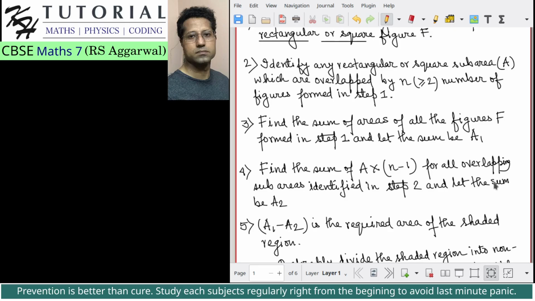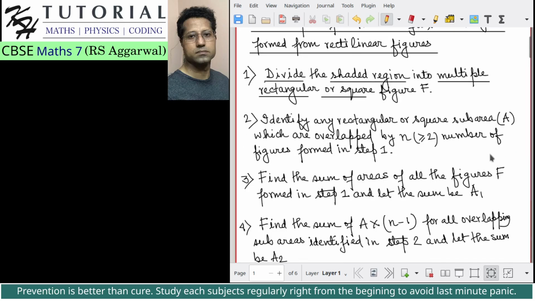So basically, what is A1? A1 is the sum of all the rectangular or square figures F found in step 1. If we just add them up in A1, the overlapping areas will be considered more than once.